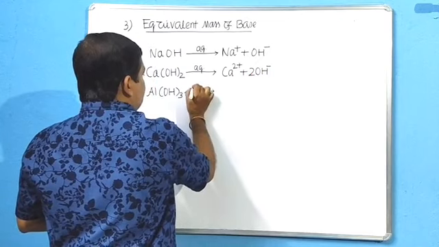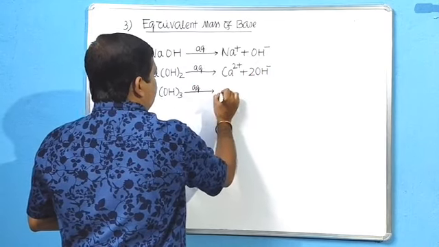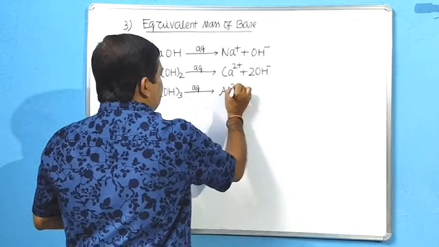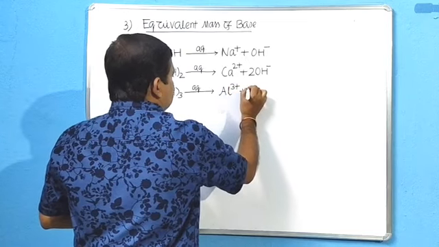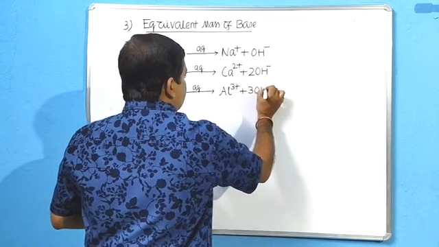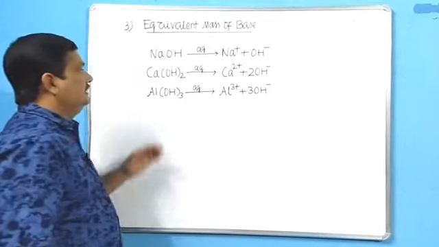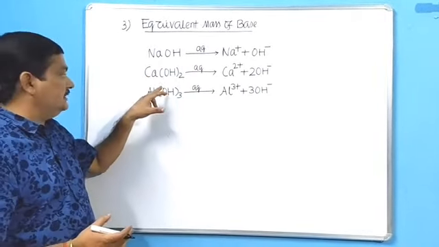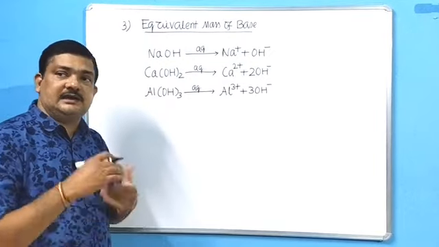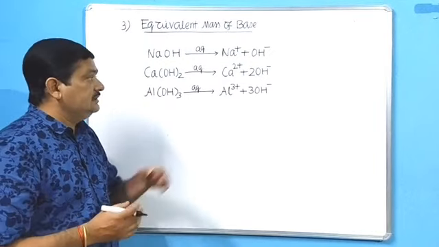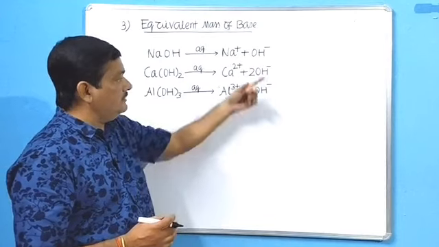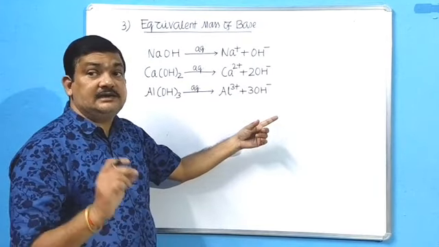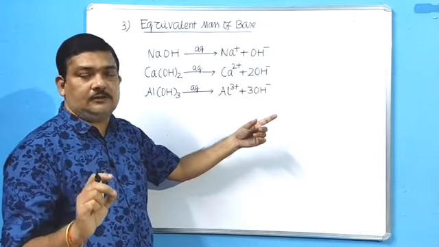Then aluminum hydroxide in its aqueous medium gives you aluminum cation Al3 plus and 3 OH minus. Okay. So all of them are bases, that is sodium hydroxide, calcium hydroxide and aluminum hydroxide. They all are bases. Then what is common about them? All of them are releasing the common ion, that is OH minus or hydroxyl ion.